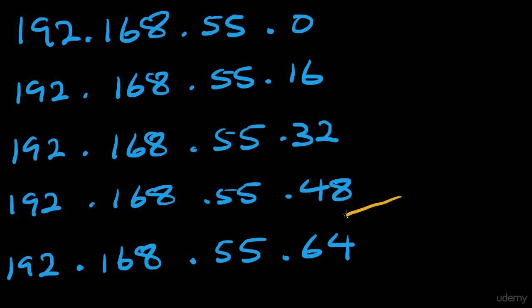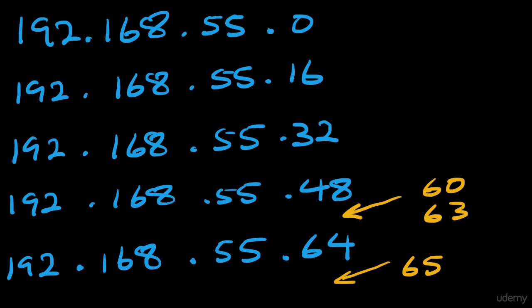So in the middle between 48 and 64, we have 60 and 63. And then right after 64, we have 65. So 60 and 63 are on the 48 network. 65 is on the 64 network.